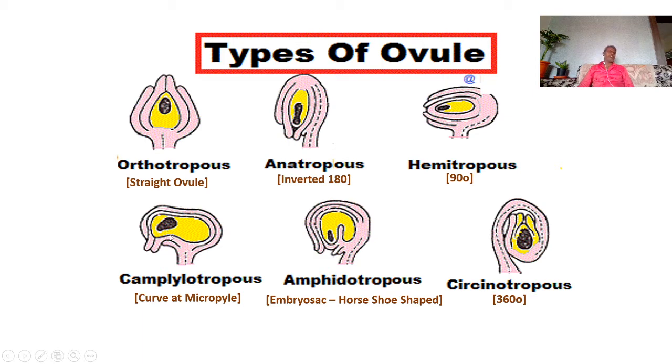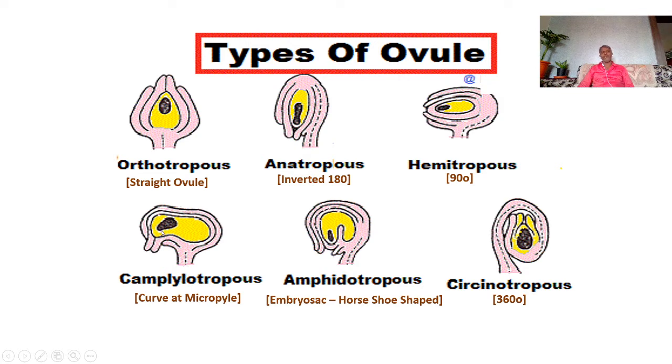Then comes campylotropous ovules. This ovule also shows curvature. The body of the ovule makes a 90 degree angle at the initial stages, but due to the presence of a constriction at the micropylar region, overgrowth of this region makes it a little more curved when compared to hemitropous ovules, and the micropylar region comes close to the funiculus.